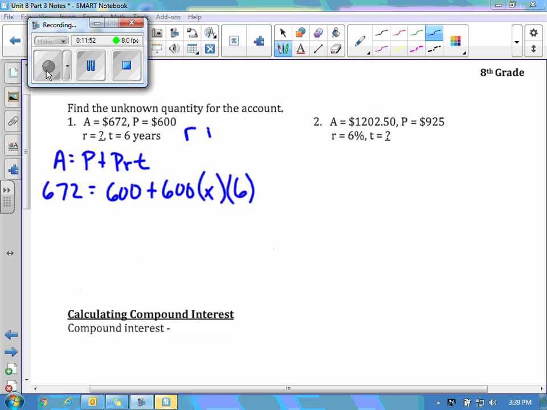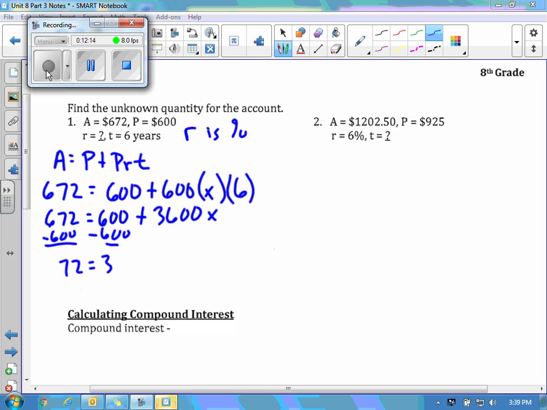Remember that R is going to be a percent. So our final answer here is going to be a percent. So we work it out and solve for what we don't have. So I have 600 plus, if I do 600 times 6, I get 3,600. So I have 3,600x. Now it's a two-step equation. So I subtract 600 from both sides. So I'll get 72 equals 3,600x.